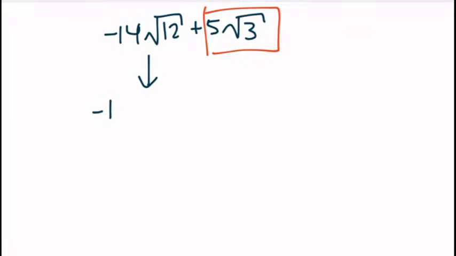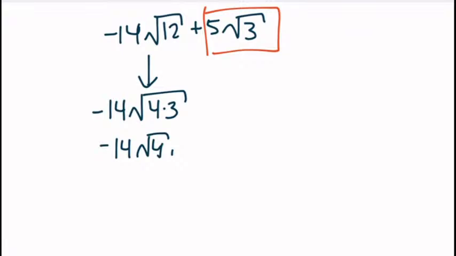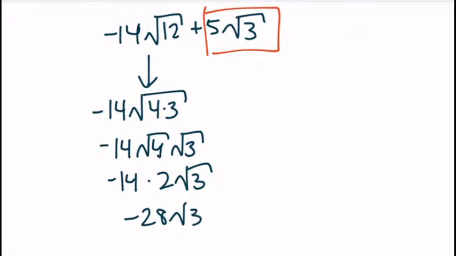So we're going to simplify down this term into radical 4 times 3, separate them into their own radicals to get radical 4 into 2 times radical 3. So now we do negative 14 times 2, which is negative 28 radical 3.